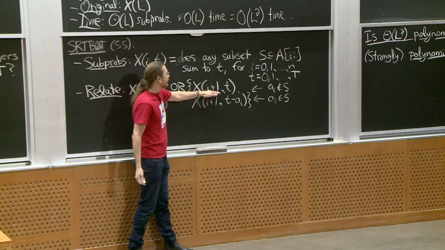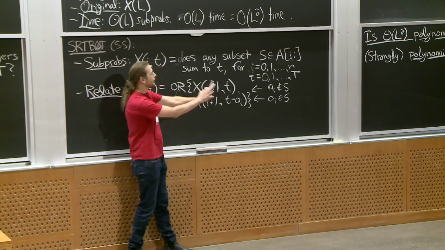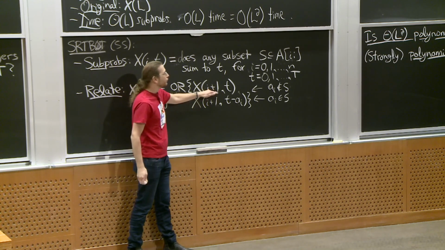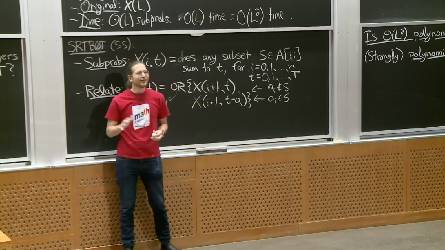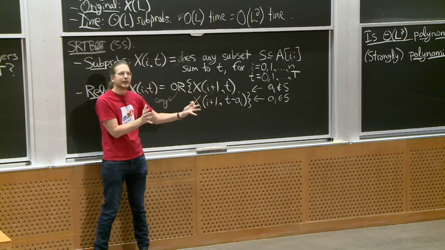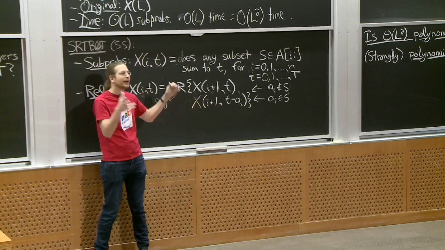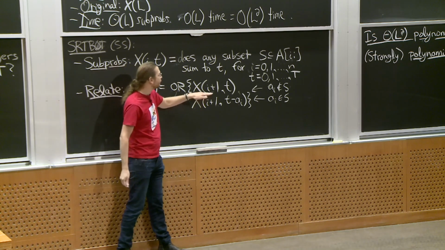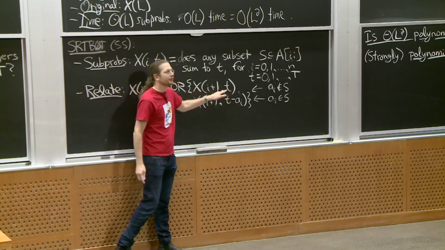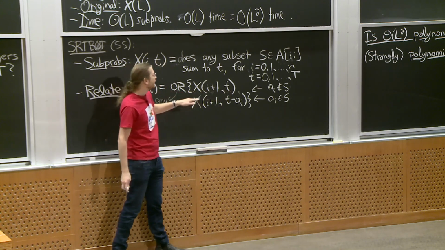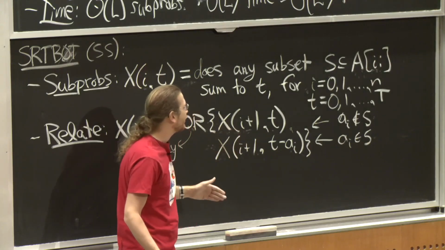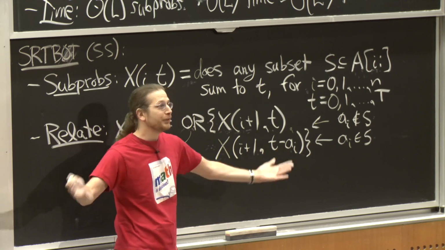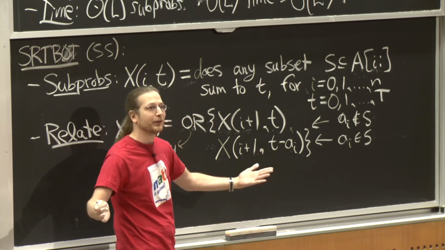We're looking at, for the rest of the sequence from i plus 1 onwards, I don't really care exactly which subset you choose. I only care what it sums to. And that collapses a lot of different options into the same thing. I really just want to know, is there any way to do it with exactly this sum? So I don't need to keep track. If I said, give me all of the different subsets that sum to t, that would be exponential time.